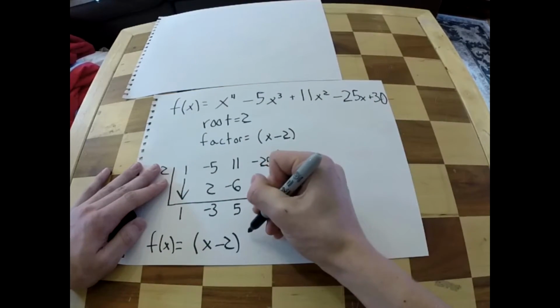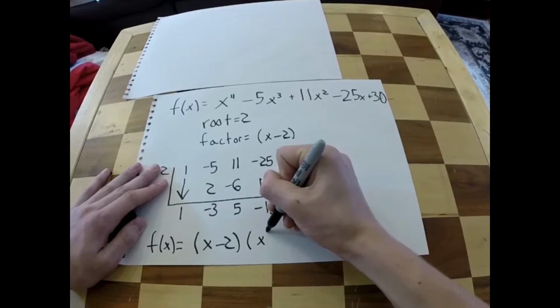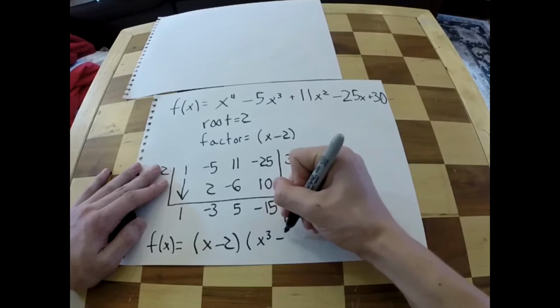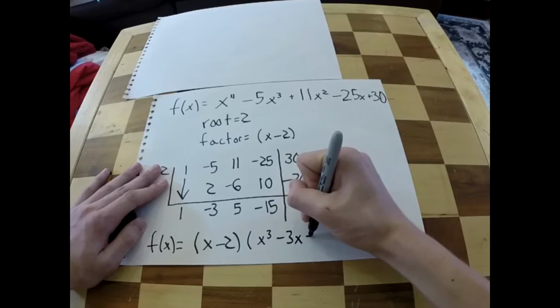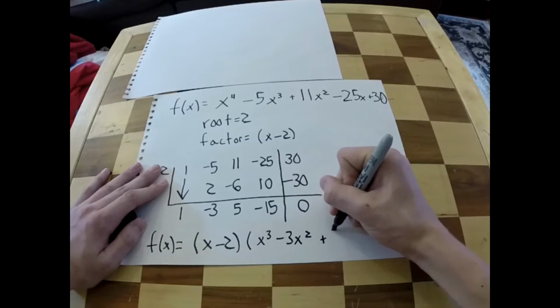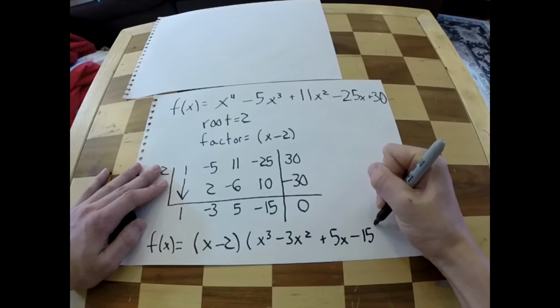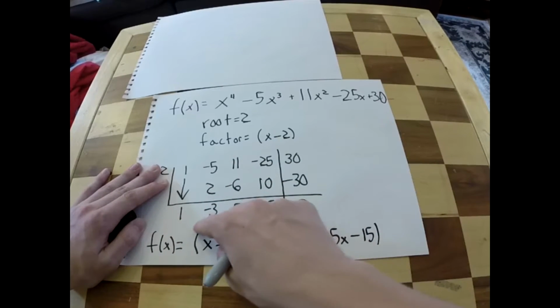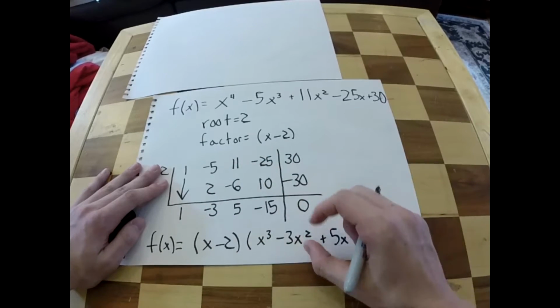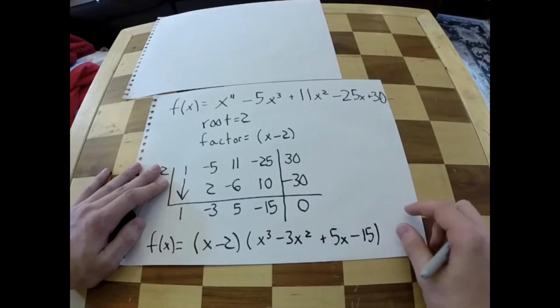So 1x cubed, or just x cubed, minus 3x squared plus 5x minus 15. So just going across using all of these numbers and going 1 degree down each time.